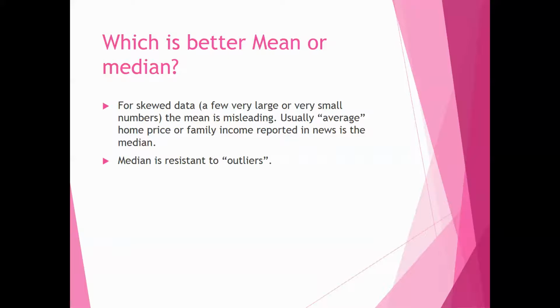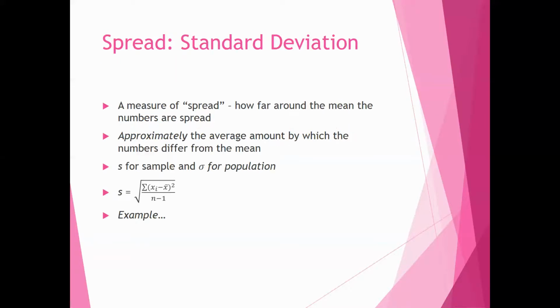Whereas with the median, you couldn't tell whether Bill Gates was in the room or not, as long as you had 20 or 30 college professors. So for very skewed data, the median is usually a better idea of the average. It's resistant to outliers, to a few really small or really large numbers.